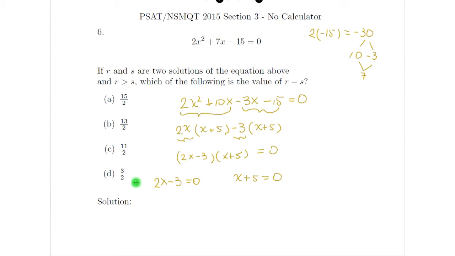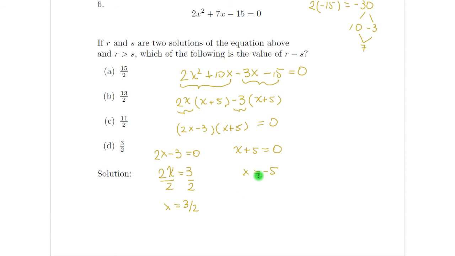So we solve this and we have that 2x equals 3. We divide by 2 and we have that x is equal to 3 halves. This 3 halves is one solution. And then x equals negative 5 is also a solution.